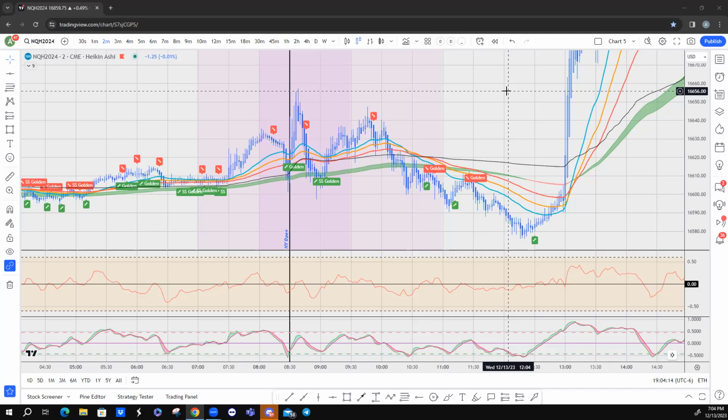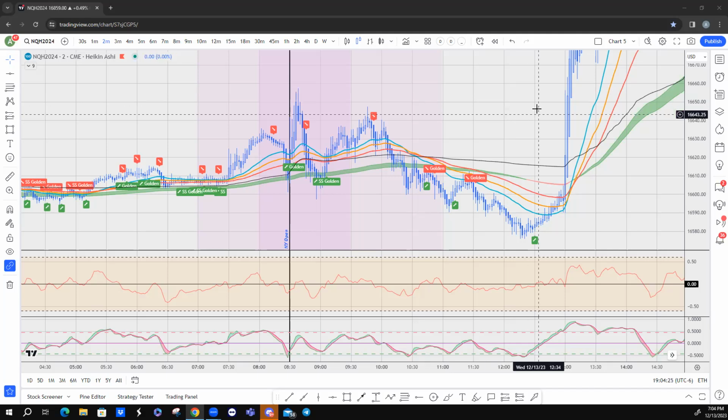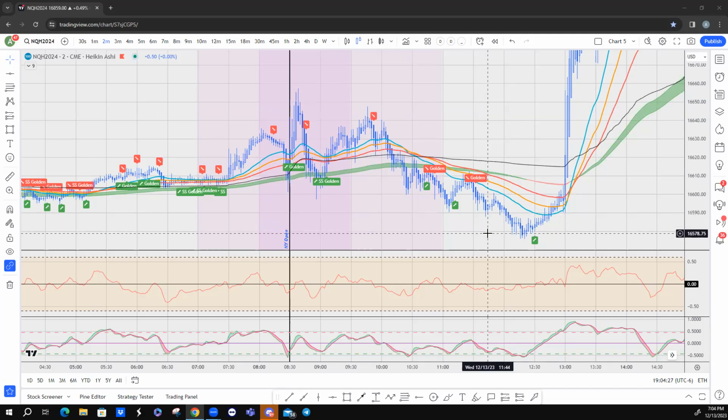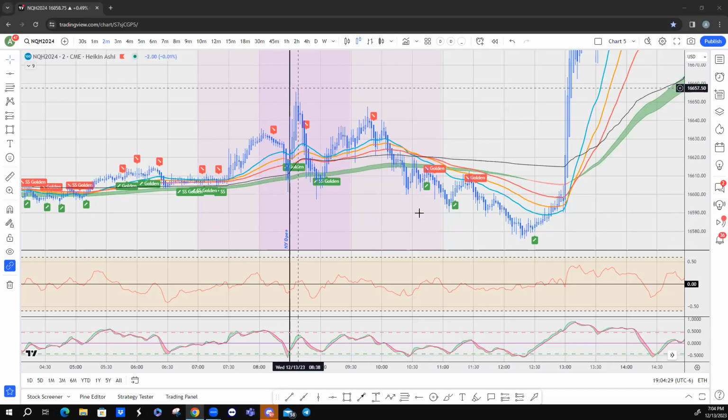We all have different styles of trading. Some people like to trade the lower time frames, some people like to trade the higher time frames. With that said, let's begin.